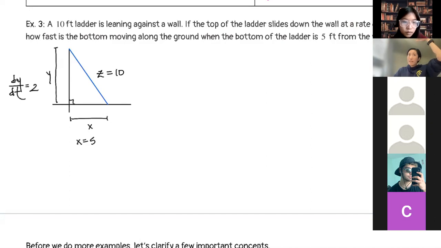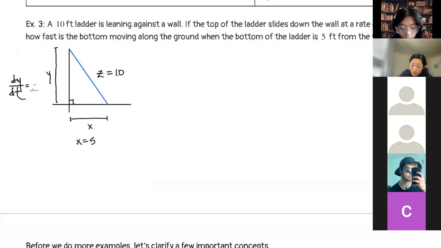Okay, now one question for you. We said that distance is decreasing, right? The y value gets smaller and smaller as we go. How can we accommodate for that getting smaller with our number 2 here? Yes, that negative sign.